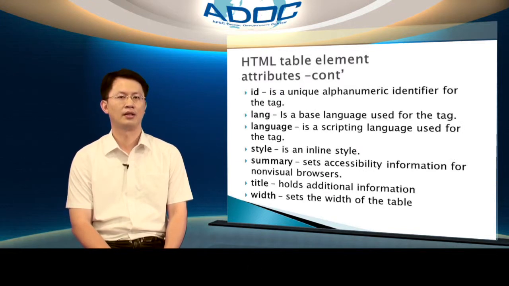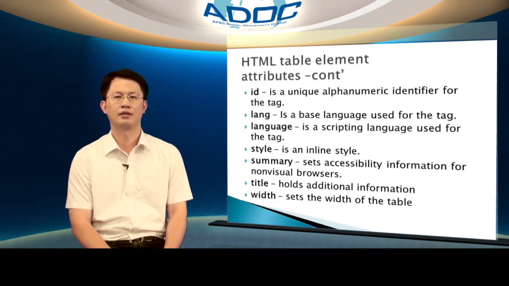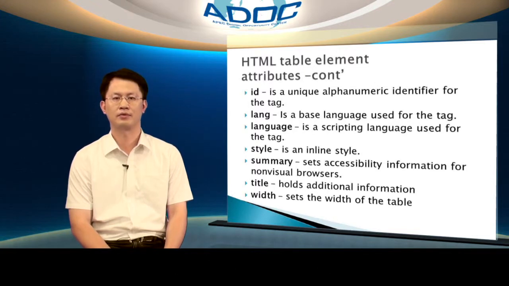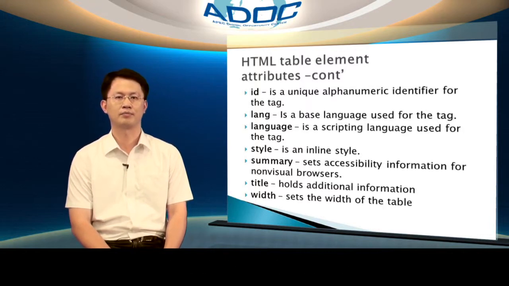ID is a unique alphanumeric identifier for the tag, which you can use to refer to it in, for example, a script or CSS.